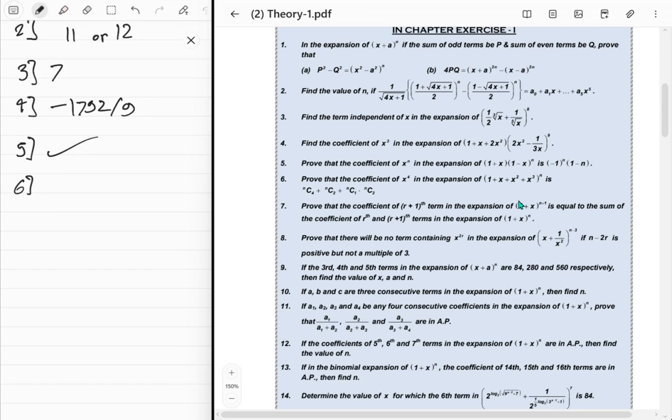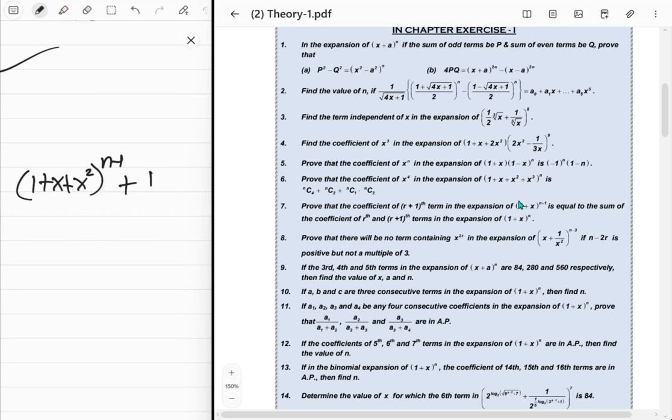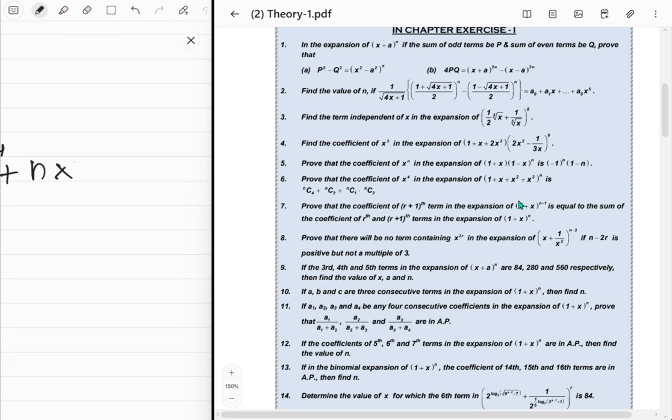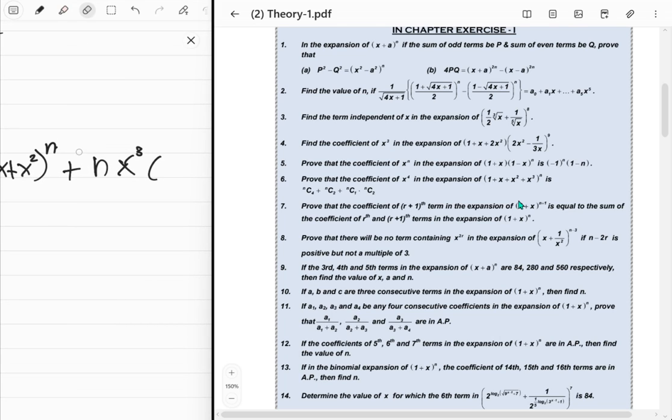So you can only have, let's try to write it down, nC0. That works, right? Yeah, so only 1 plus x squared, that to the power of n minus 1, and then nC0 is just 1, and then plus n times x cubed times, oh sorry, so n completely, right?